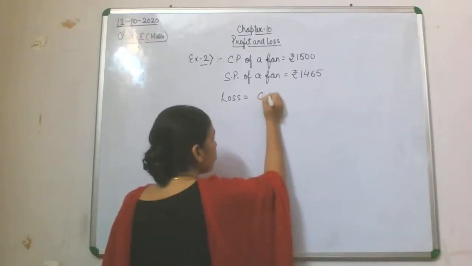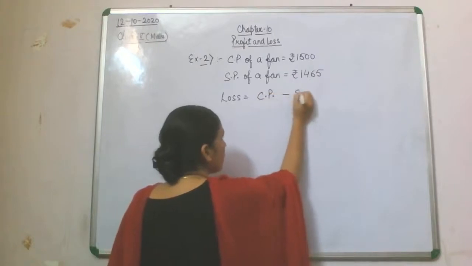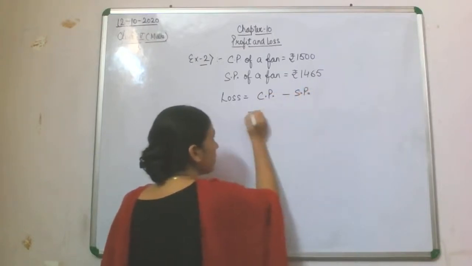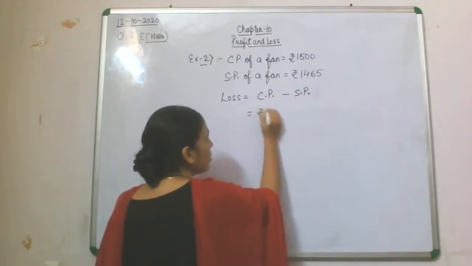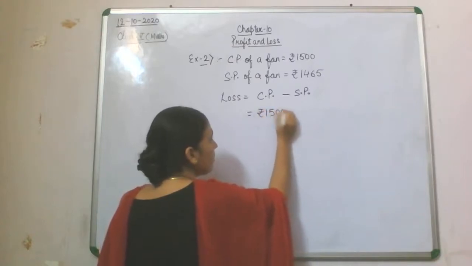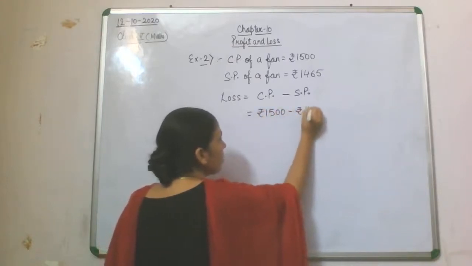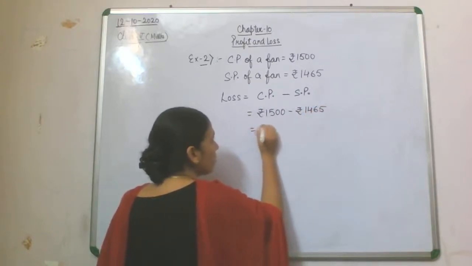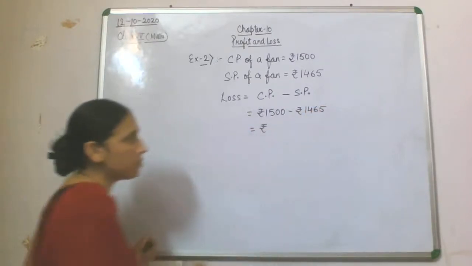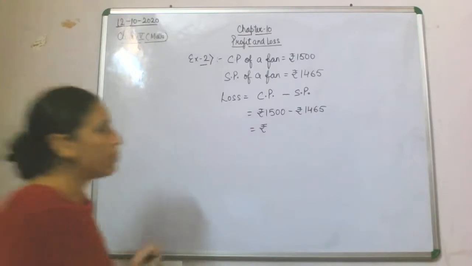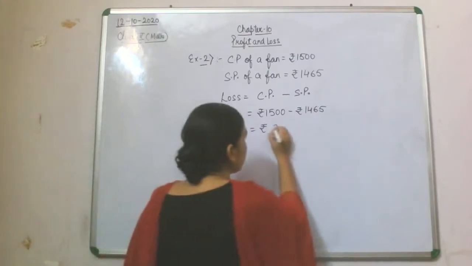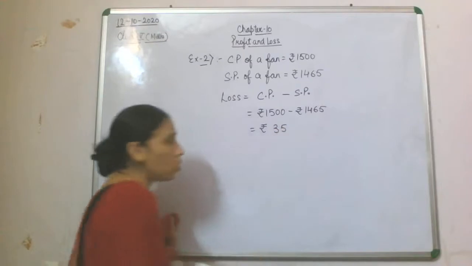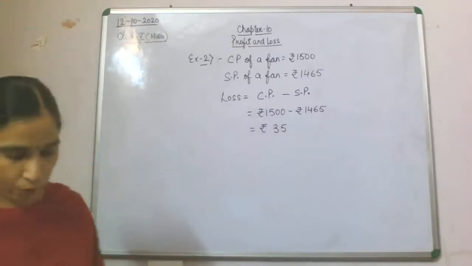So we will do cost price minus selling price. So here rupees 1500 minus rupees 1465. Do the subtraction: 65 plus 5 is 70, and then 35 rupees is the loss. 35 rupees is the loss.